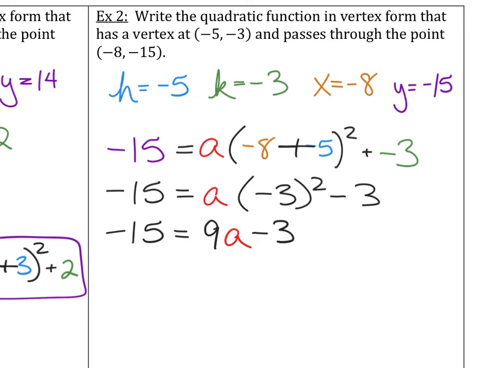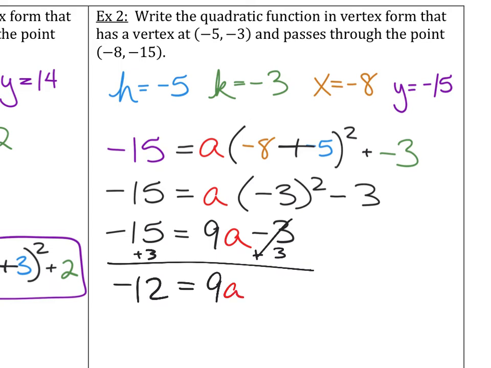I know I just blew through that kind of fast, but Delaney, what's the next step here? Hold on, Delaney's going to answer. Yeah, so we're going to add 3 since that's its inverse operation. And we're going to get negative 12 equal to 9A.